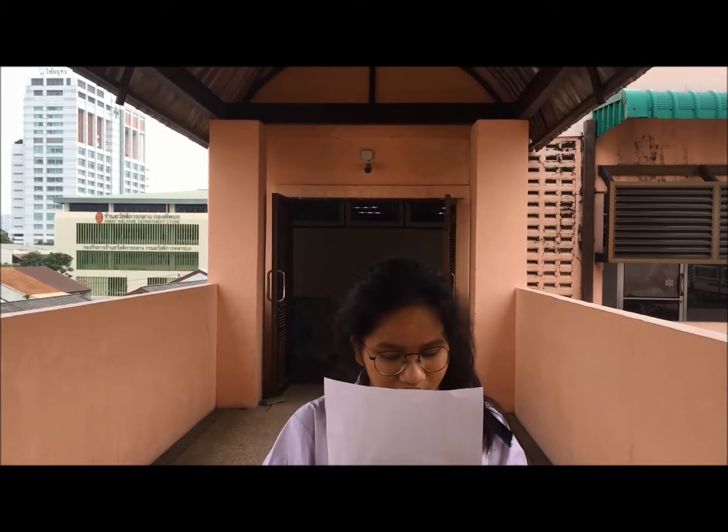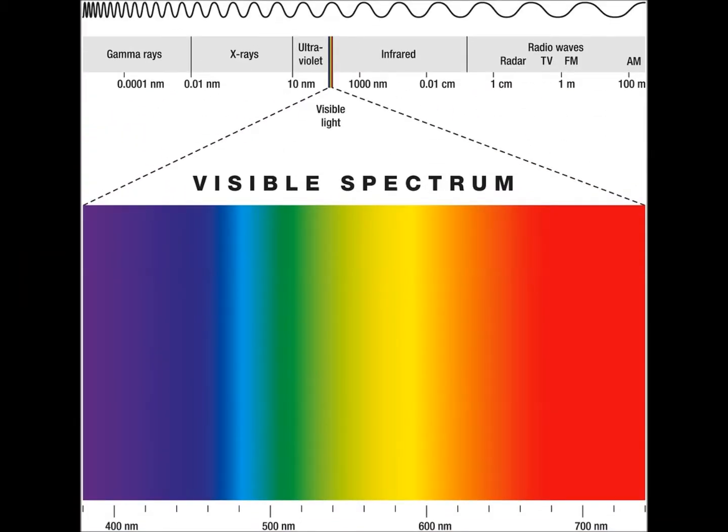Visible light shares many characteristics with the other EM waves because it too is a type of electromagnetic radiation. These waves come from a variety of sources, like the sun, other stars, and warm objects like books and animals. Any sort of EM radiation that we can see, like the light from the sun, is considered visible light.